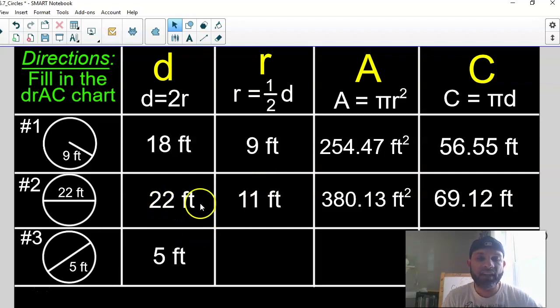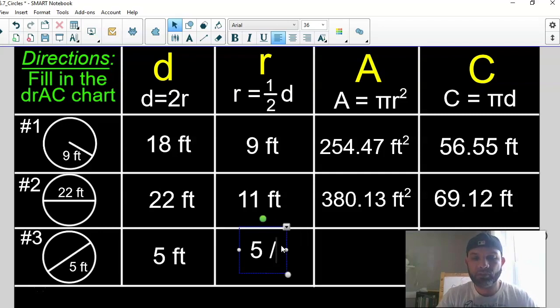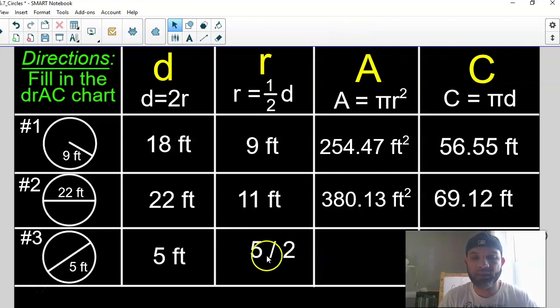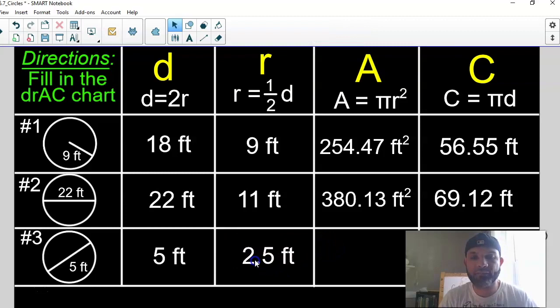If half of 22 is 11, half of 5 is what? Whenever you say half, what we're talking about is 5 divided by 2. If you use the calculator, you'll see it's 2.5. So our radius is 2.5 feet.